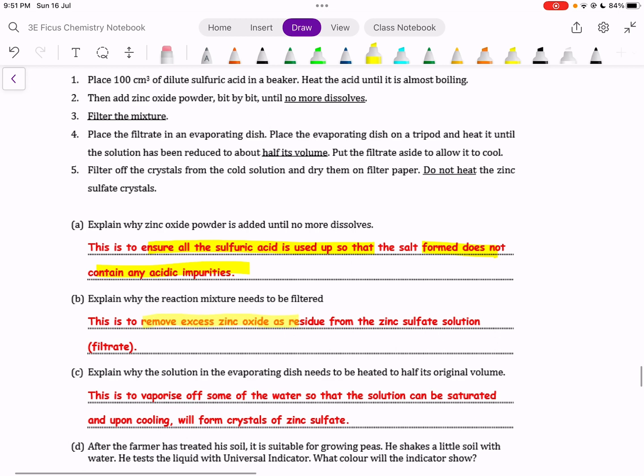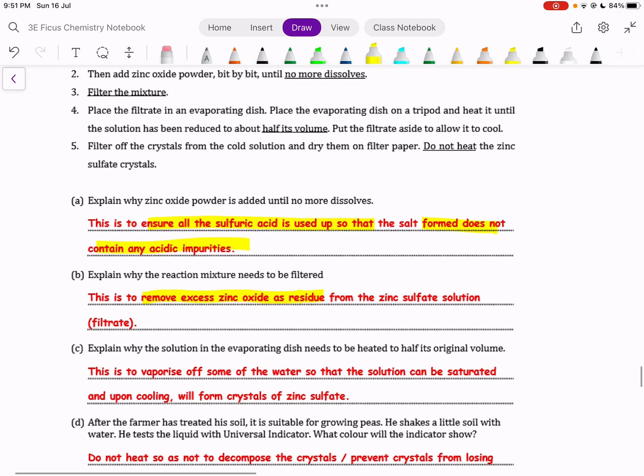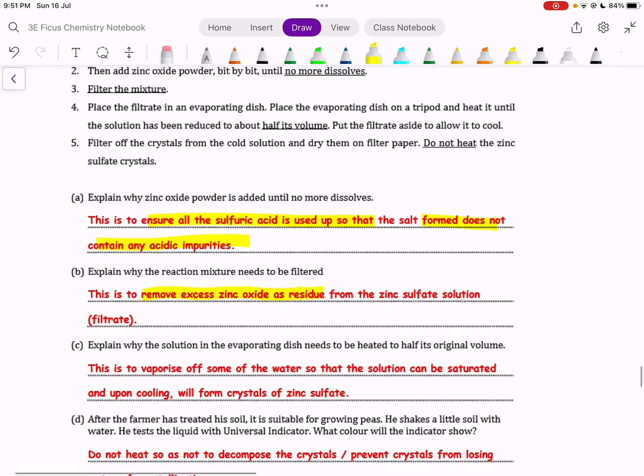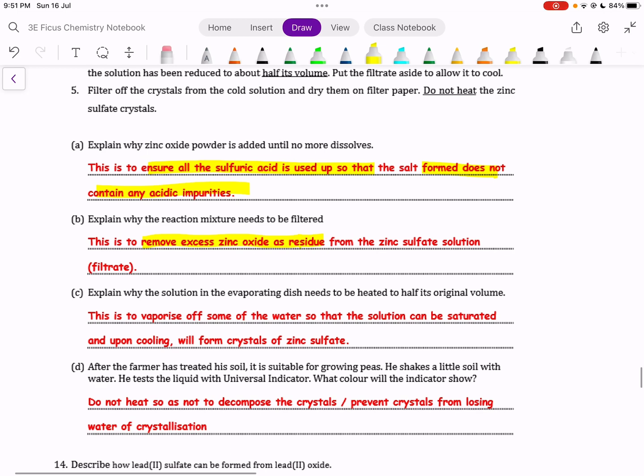To remove the excess zinc oxide as residue from your zinc sulfate. Part C, explain why the solution in the evaporating dish needs to be heated to half its original volume. What you're trying to do is vaporize off some water so that the solution can be saturated. So upon cooling, you will see crystals of your zinc sulfate.